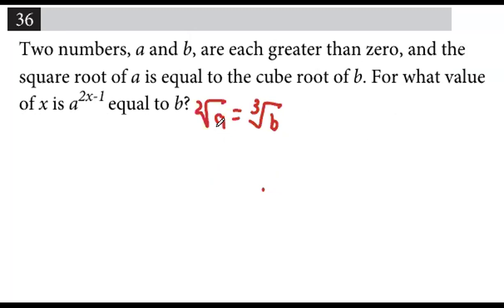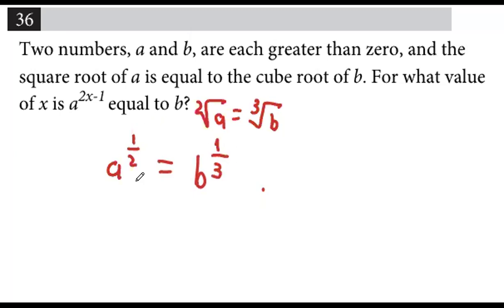So let's convert the square roots and cube roots into powers. It should just be a to the 1/2 power, because for a root, you take what's in the index and pull it into the denominator of the exponent, and what's in the numerator stays an exponent. So this would be a to the 1/2, and this would be b to the 1/3.